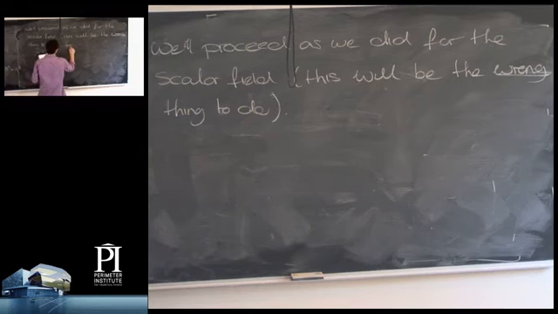So impose canonical commutation relations. All of these are three vectors, and they're three vectors because we're in the Schrödinger picture.